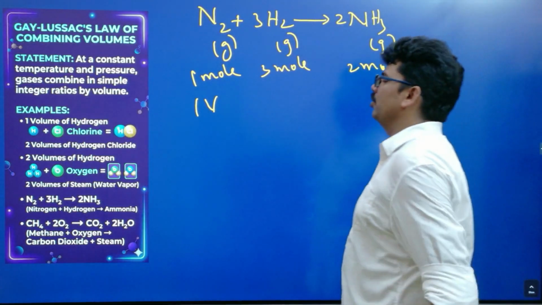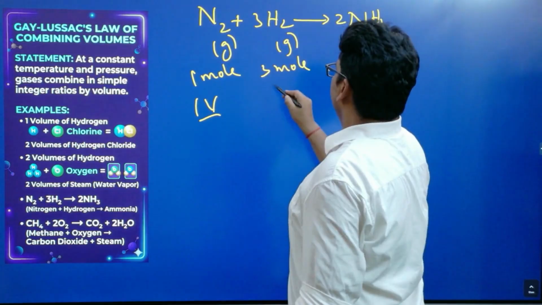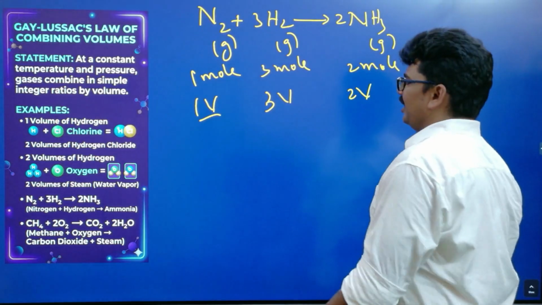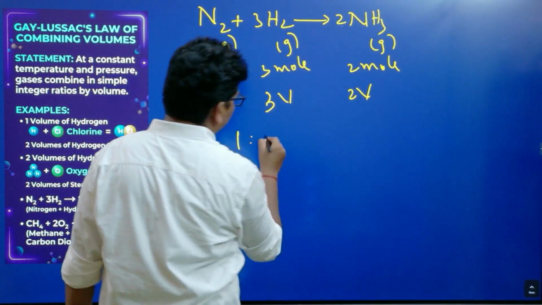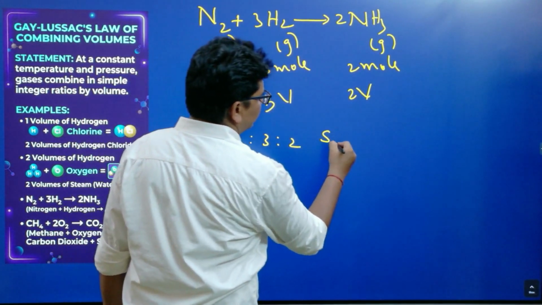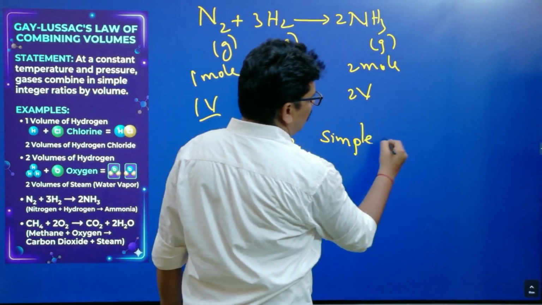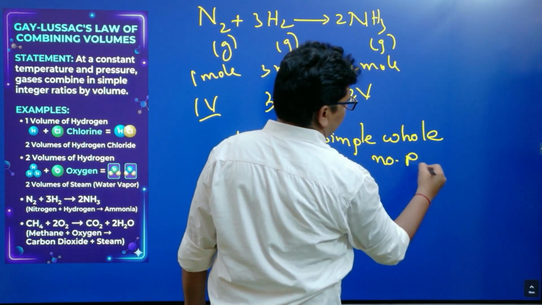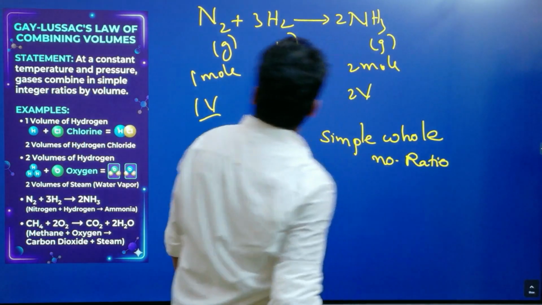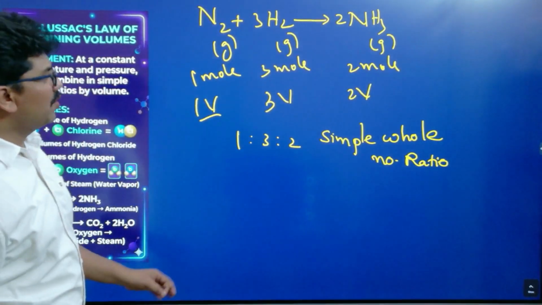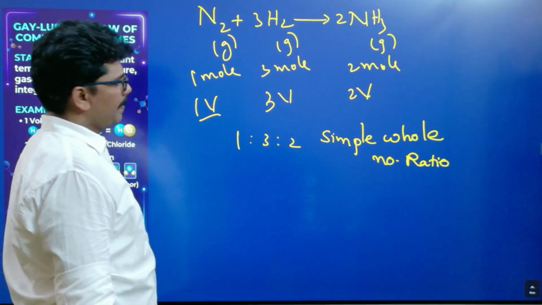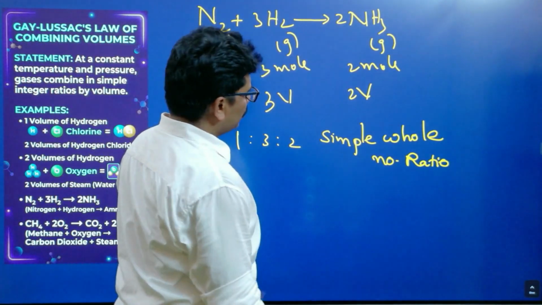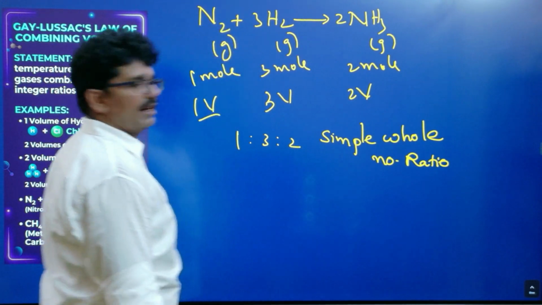So this is 1 volume, hydrogen is 3 volumes, and ammonia is 2 volumes. The ratio is 1 is to 3 is to 2, a simple whole number ratio. In this reaction, all reactants and products are gases, so the ratio of their volumes is 1 is to 3 is to 2.